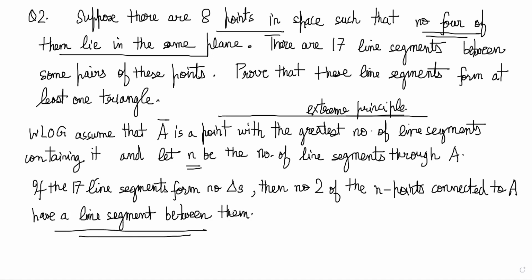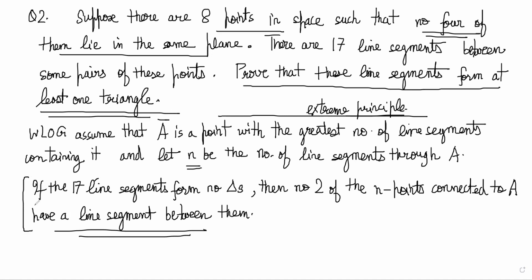Let's try to understand this statement. So we have to prove that these line segments form at least one triangle. We are trying to assume the opposite. We are saying that if the 17 line segments form no triangles, this is the contradiction assumption, right? Then we can say that no two of the n points connected to A have a line segment between them.